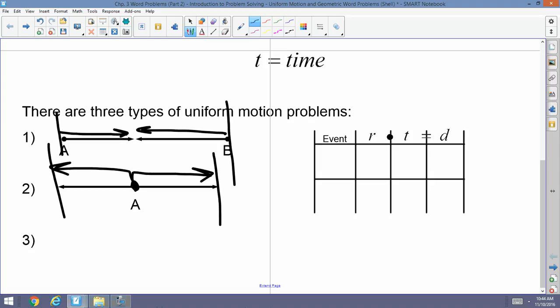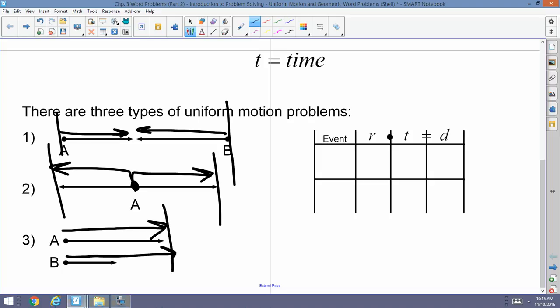The third type of distance problem could be where this first person, A, starts going, but the second person waits a little bit before they go. Then they go, but they're going to go faster than the first person, and eventually they do catch up. So those are the 3 distance problems.